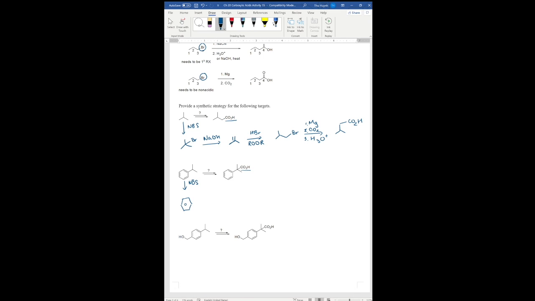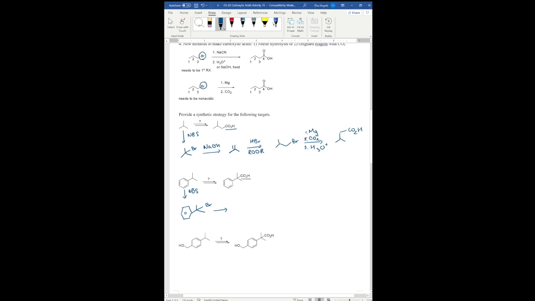Your bromine group should be attached right in that position because it is the benzylic position. And from this point on, it's much easier. You can use both reactions that we have discussed earlier, and this should give you the product.